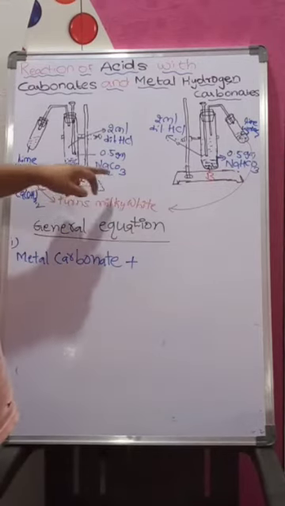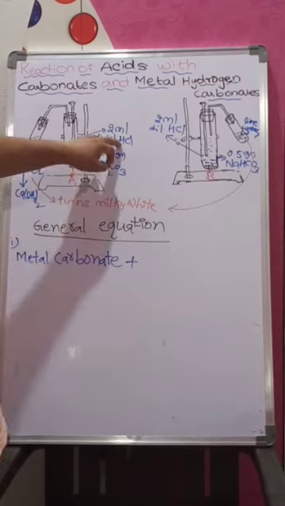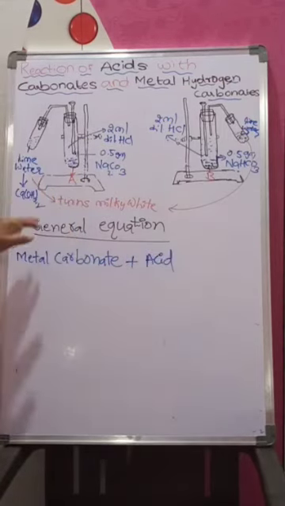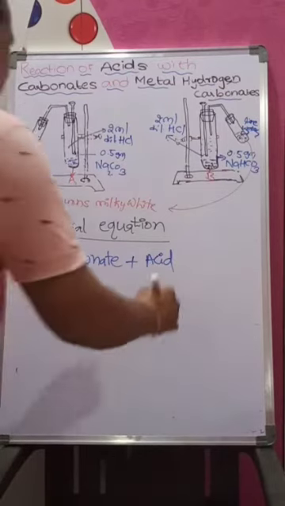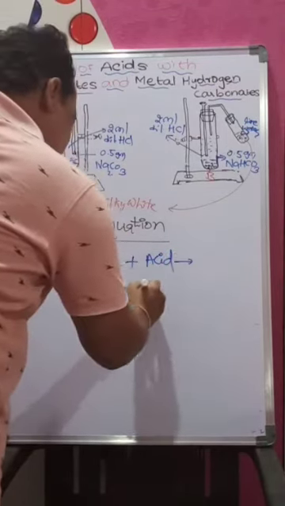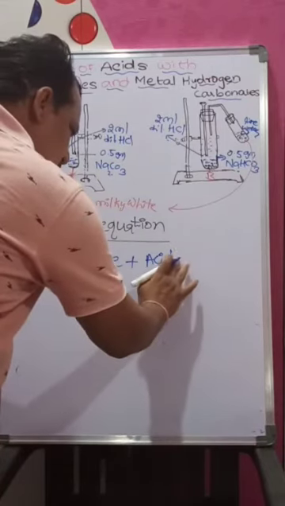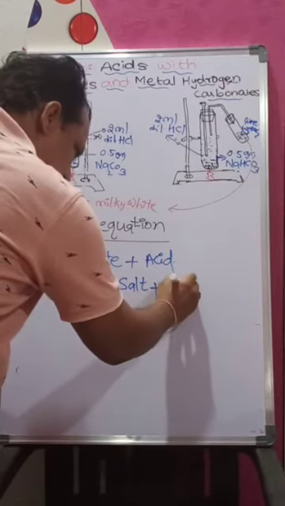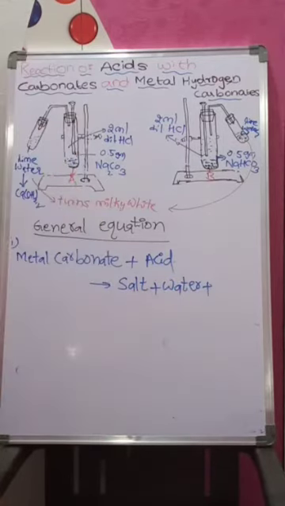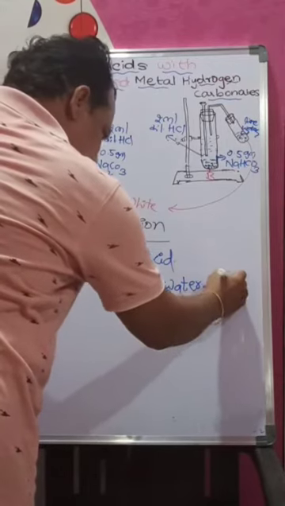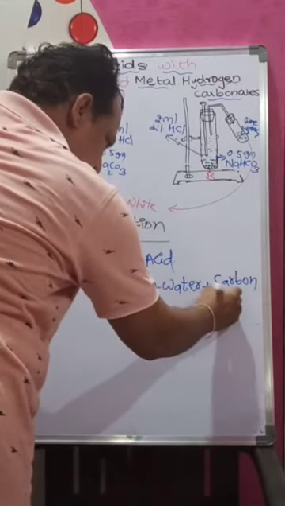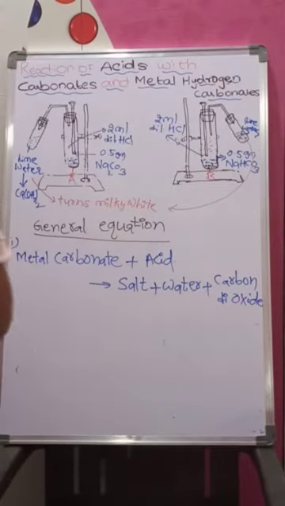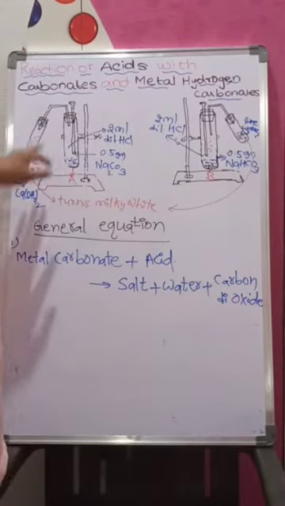Metal carbonate reacts with hydrochloric acid, that is an acid. So metal carbonate plus acid, what do we get? We get salt, water, and carbon dioxide. This is the general equation for the carbonates.